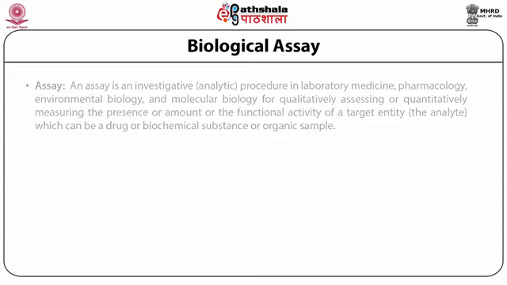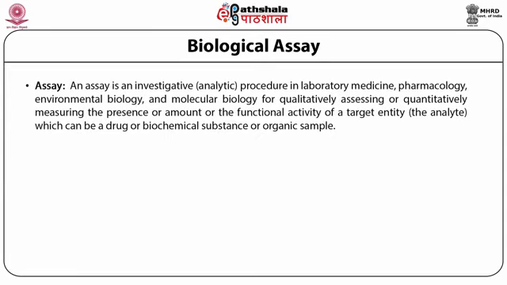Biological assay. An assay is an analytic procedure in laboratory medicine, pharmacology, environmental biology, and molecular biology for qualitatively assessing or quantitatively measuring the presence, amount or functional activity of a target entity or analyte, which can be a drug or biochemical substance, organic samples, or biologicals.